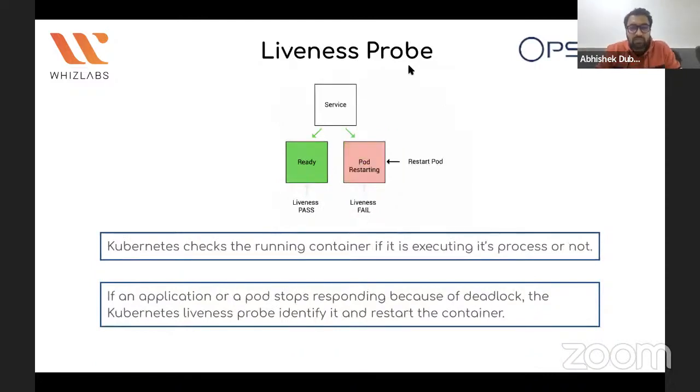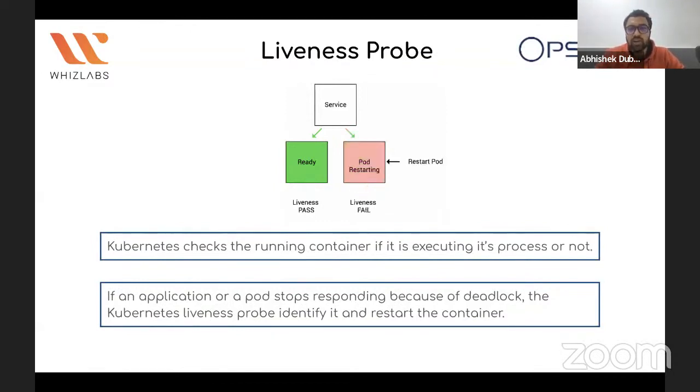Then we have this liveness probe concept as well. Inside this, we are actually checking if the container process is still executing. That is completely fine. But what if the application process is running, but it's not ready to serve the traffic, which we have already discussed. Let's suppose I have 2 pods, and from the 2 pods, one pod is actually serving the traffic. The other pod somehow gets into a deadlock state.